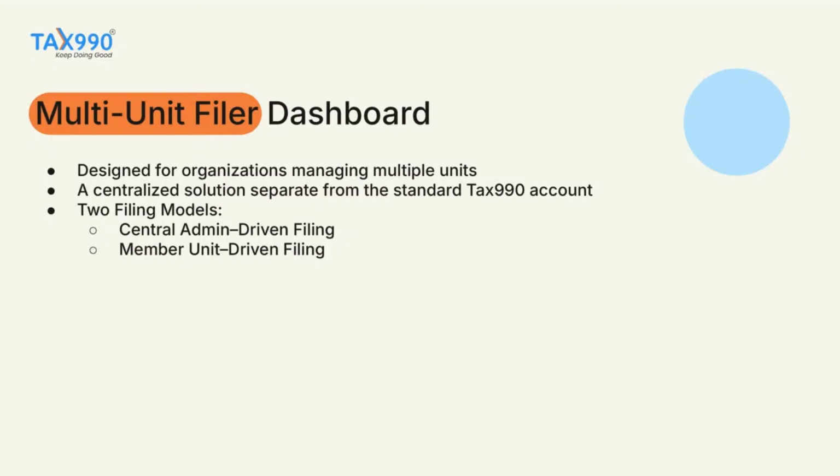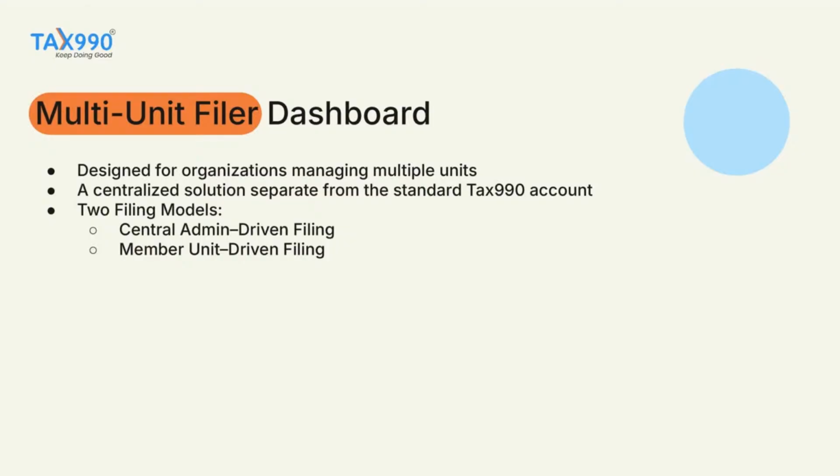The first thing to understand about the Partner Console is that it supports two different ways of managing filing responsibilities across your member units or chapters. They are configured when your partnership is set up in the admin console, and the entire console adapts around whichever model is selected. The two models are central admin-driven filing and individual member unit-driven filing.